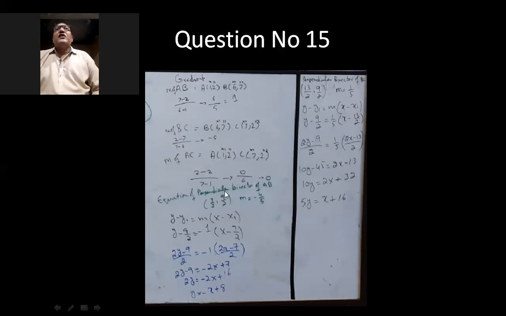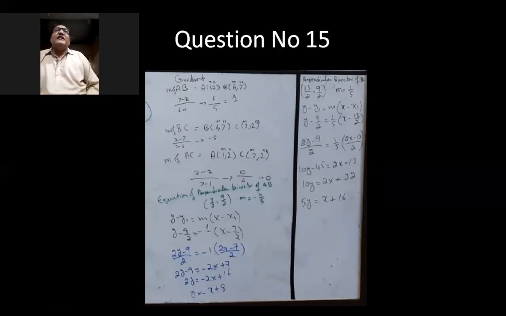So the equation of the perpendicular bisector of the AB, it will be passing through the midpoint of the AB. The midpoint of the AB was 7 by 2, comma 9 by 2. And the gradient of the AB is 1.